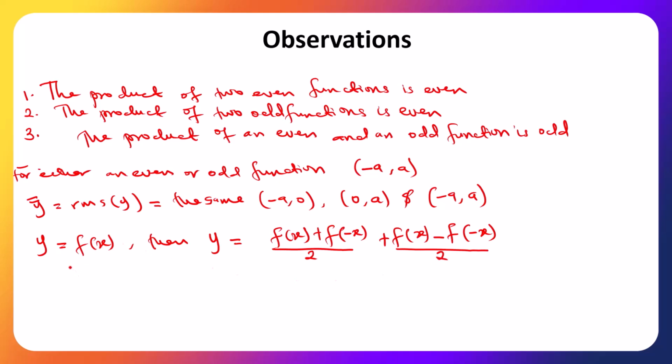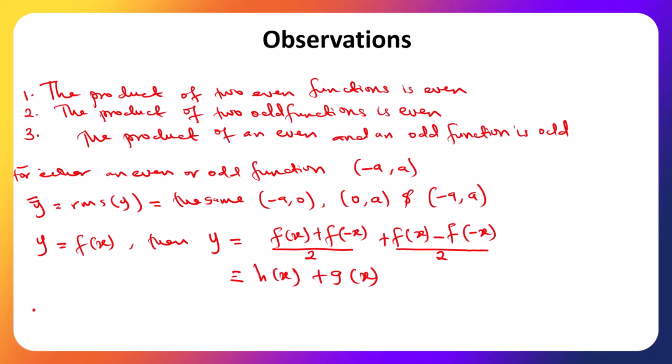So this is equivalent to h of x plus g of x, that is, f of x plus f of minus x over 2 is h of x, and f of x minus f of minus x over 2 is g of x.